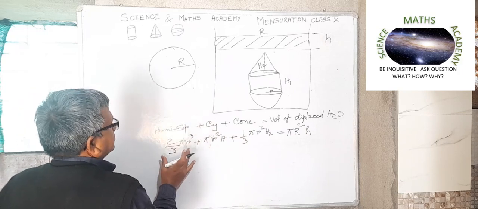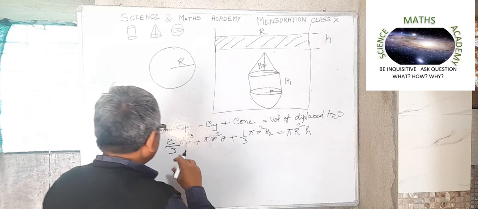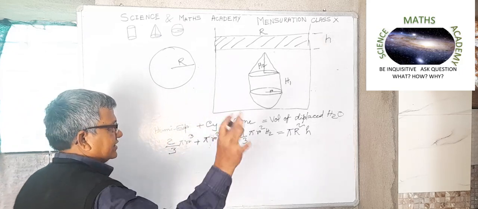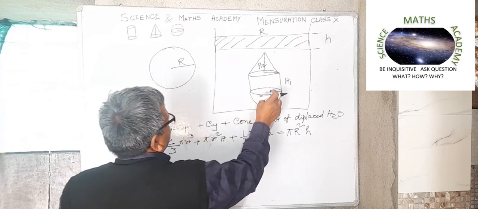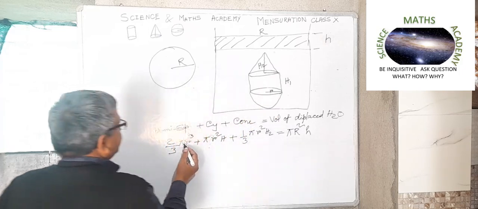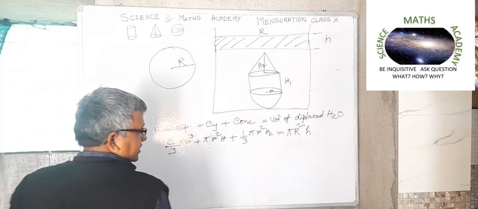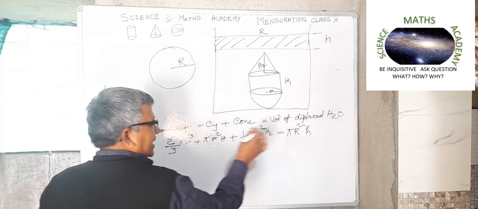Hemisphere volume, don't calculate, just put the value 2/3 pi r cube and keep it. Now the cylinder, volume of the cylinder pi r square, keep the pi. If I keep the pi intact, then according to the problem, the pi will cancel.